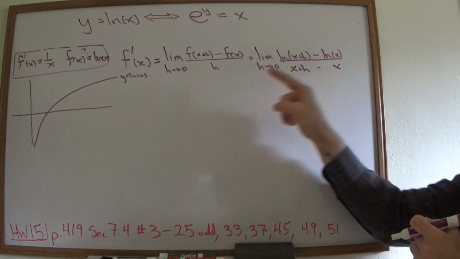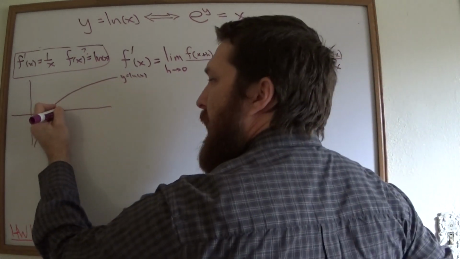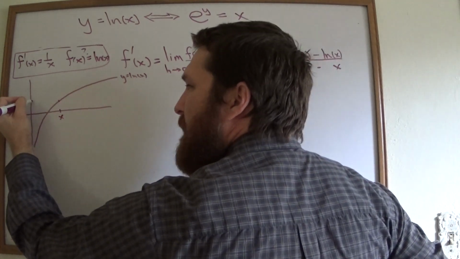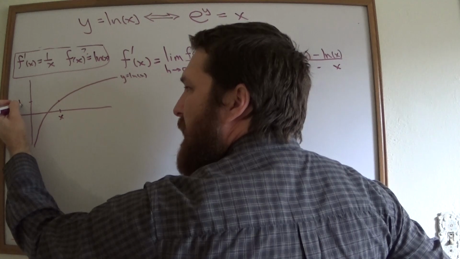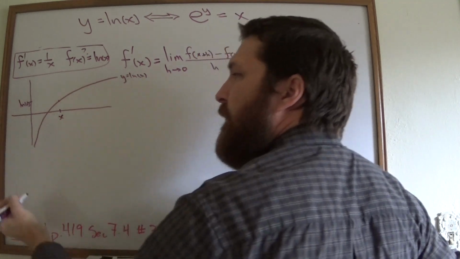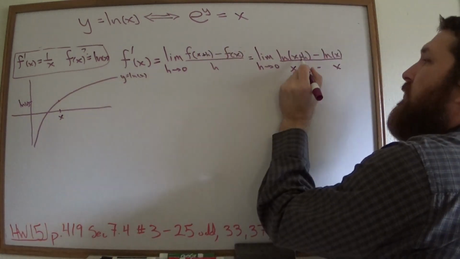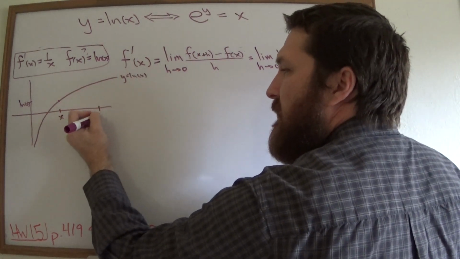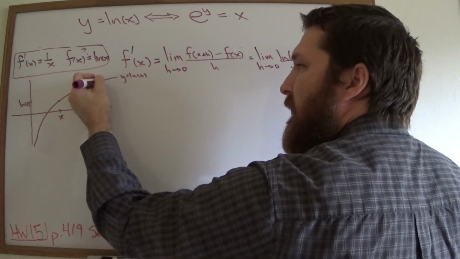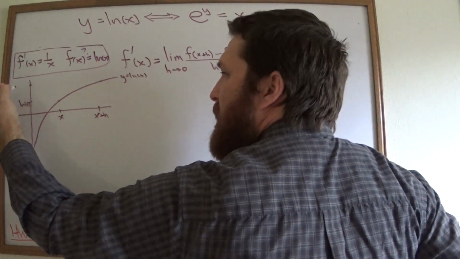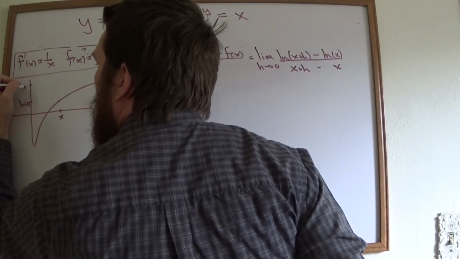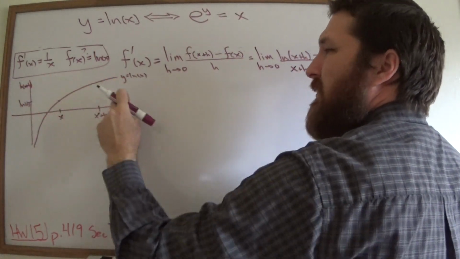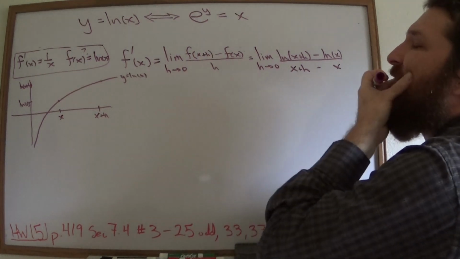You go to some value x and you plug it in, and what pops out is natural log x. Then you go to some distance beyond it, call it h, and you go to x plus h, plug that in, and out pops some output, log of x plus h. Is that legible? Can you see that? Okay, all right.